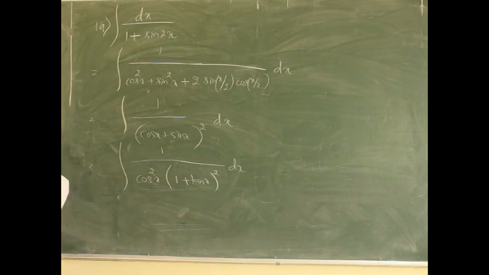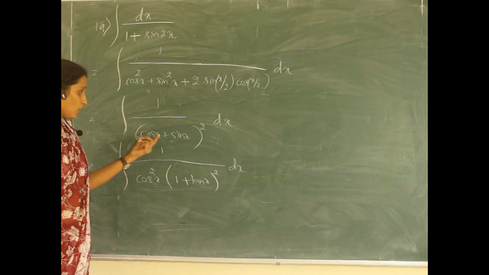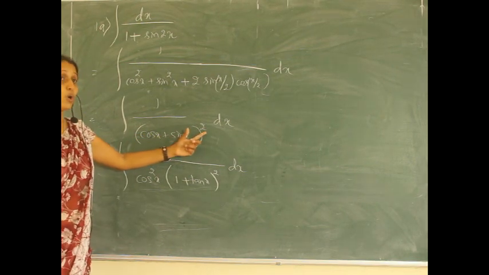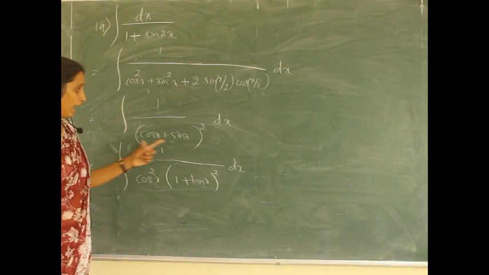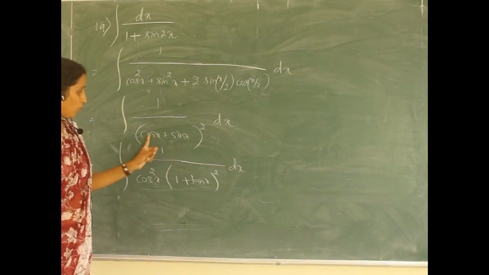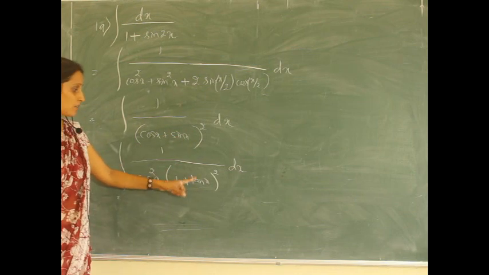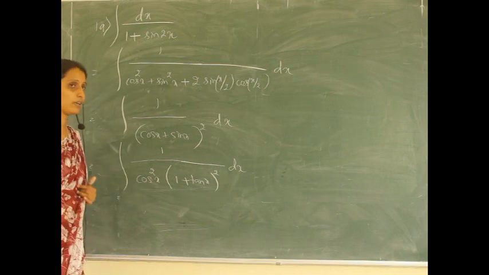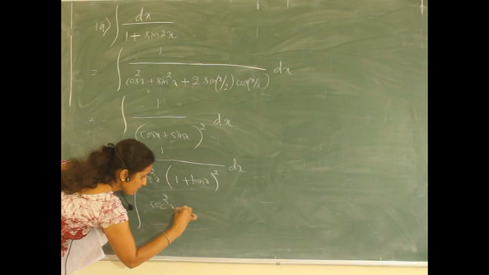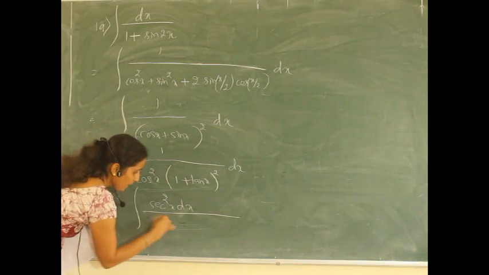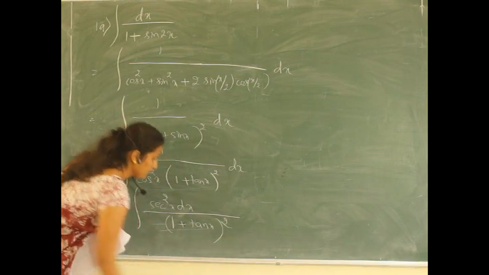I have taken cos x outside actually: it is cos x plus sin x whole square, so when we take cos x outside it becomes cos square x, and inside, 1 plus the remaining sin x by cos x, that is tan x, whole square. So again 1 by cos square x will be sec square x dx divided by (1 plus tan x) whole square.